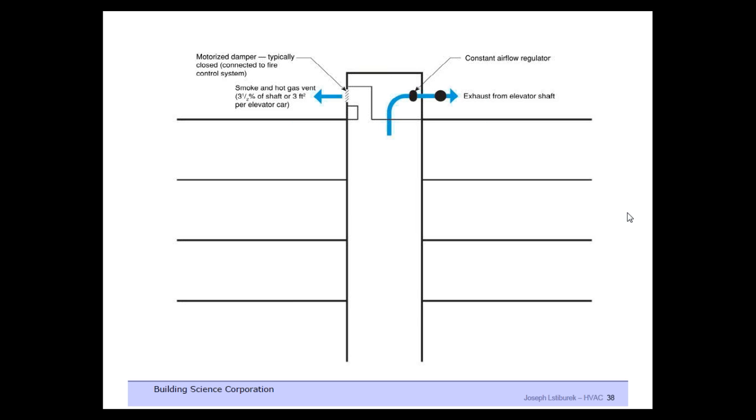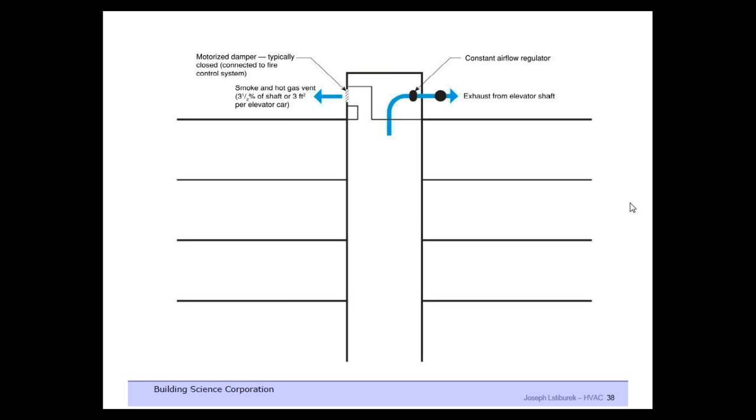So you get rid of the big passive hole at the top of your elevator shaft with a motorized damper that's always closed when the power is energized. When there's a power outage, the damper opens, or when there's a fire call, the damper opens. And this is separate from an exhaust system that constantly creates a slight negative pressure.